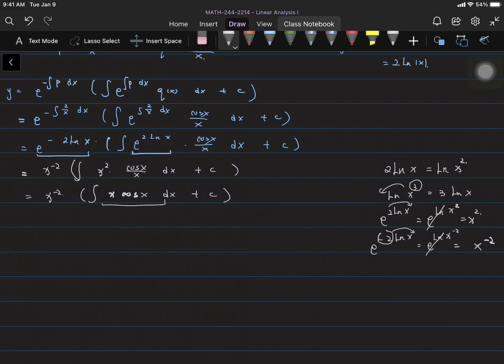And this is integration by parts, so we skip the by parts. You should be okay to find this, right? Integration by parts was in calculus 2. I suppose everyone knows how to do this. So the integral of that one is x sine x plus cosine x plus c.